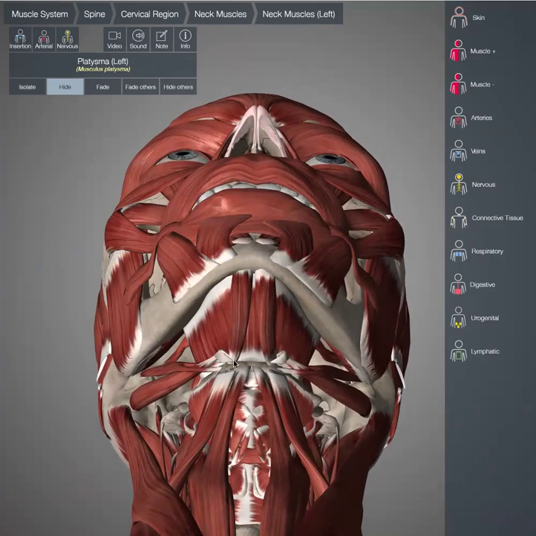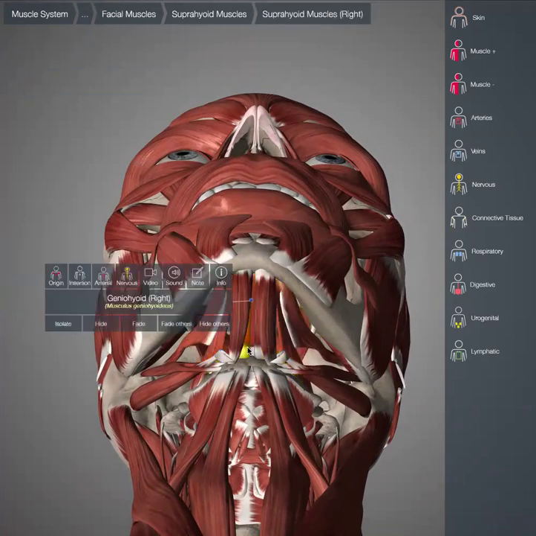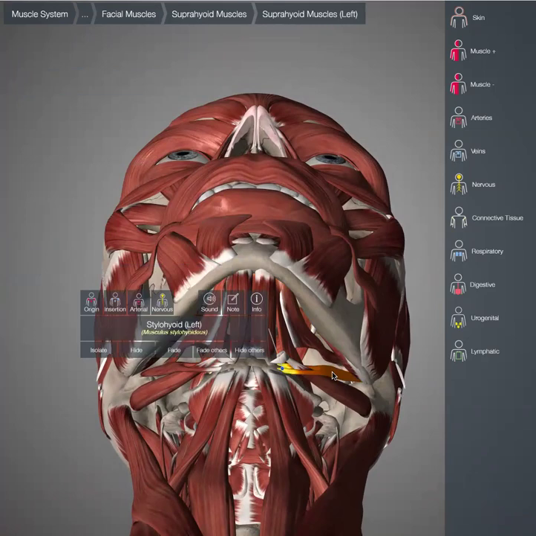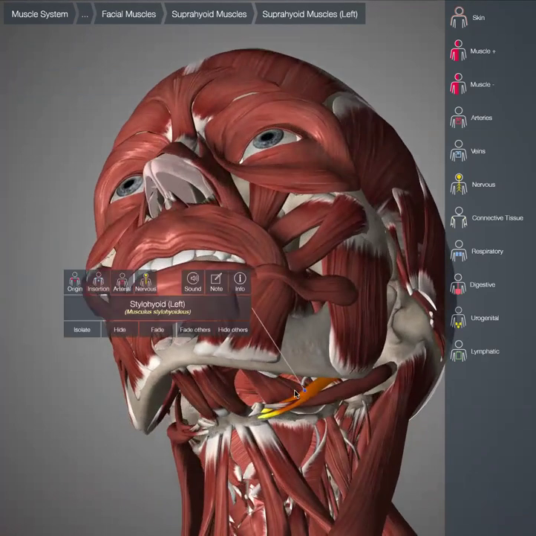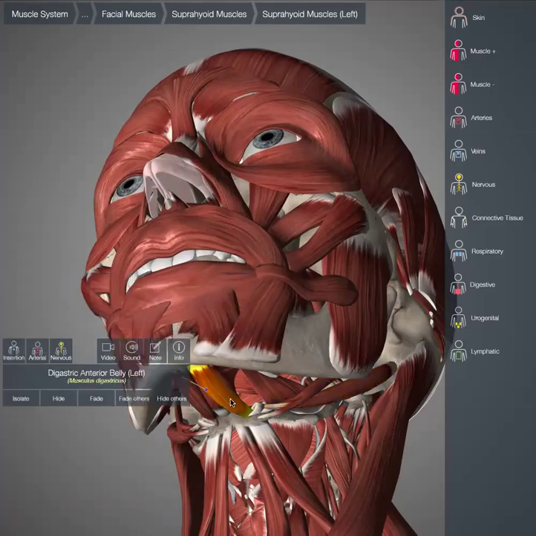You have four: mylohyoid, number one. You have geniohyoid, stylohyoid, and then you have digastric, anterior belly and posterior belly.